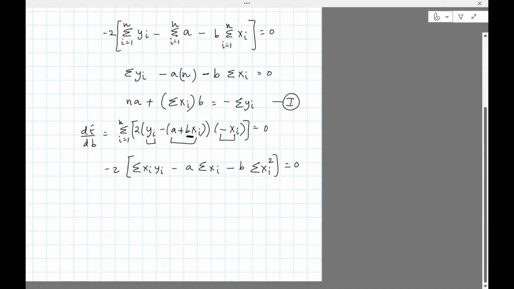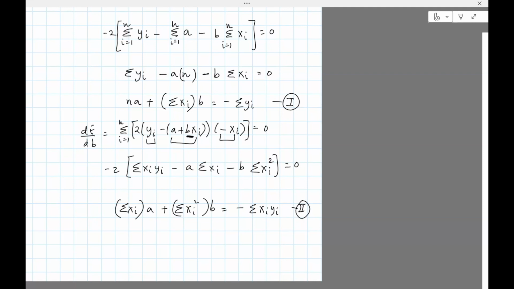I'm going to rearrange this so that I get one equation similar to 1. So that would be summation xi times a plus summation xi square times b equals summation xi yi. That will be my equation 2.